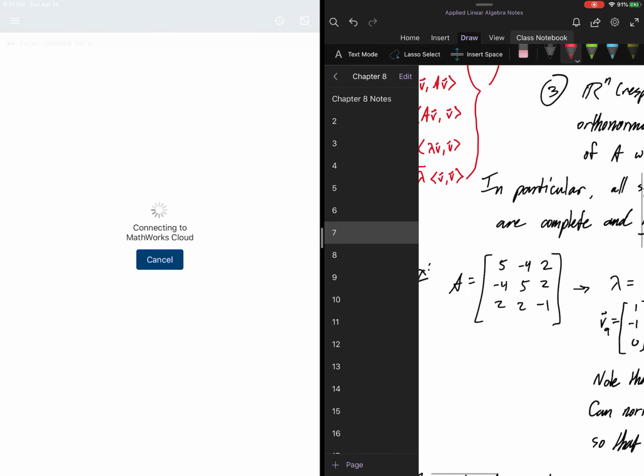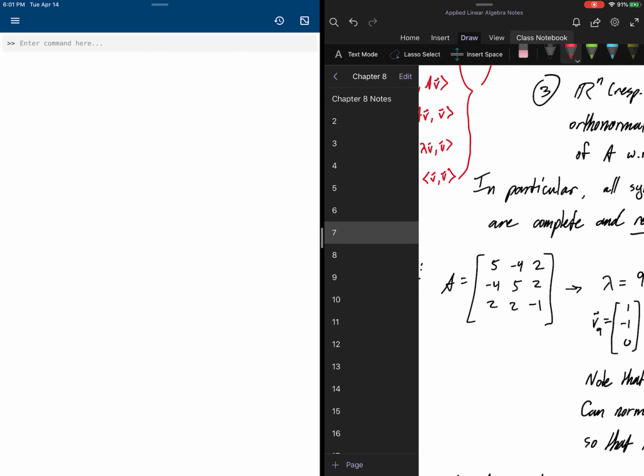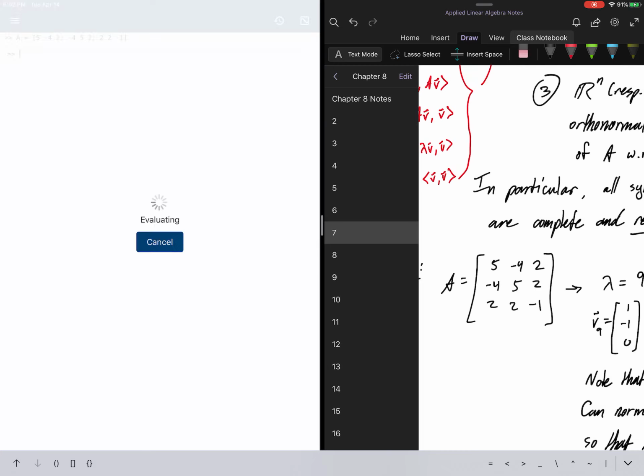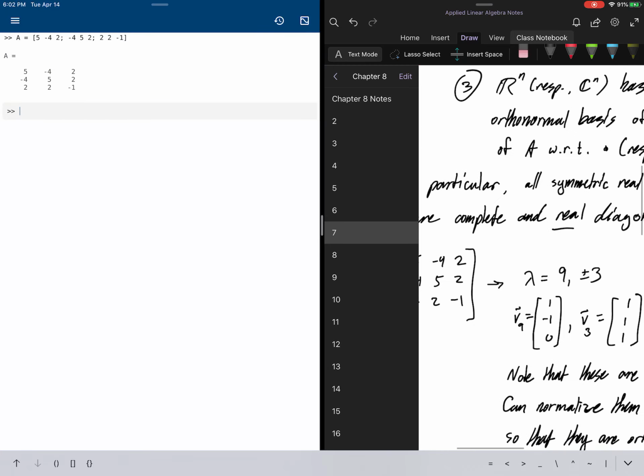So let's go to MATLAB, and while MATLAB throws a hissy fit about connecting to the cloud, I will bring this back up over here and then come over here once the cloud loads. Voila. A is going to be [5, -4, 2; -4, 5, 2; 2, 2, -1].